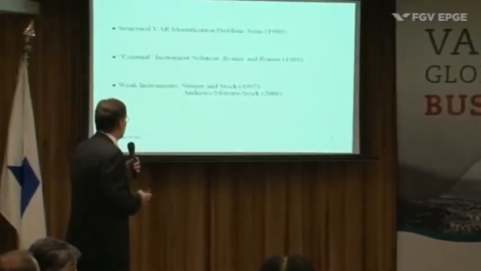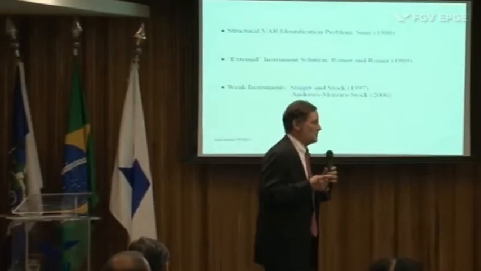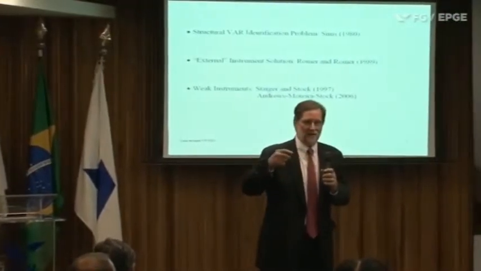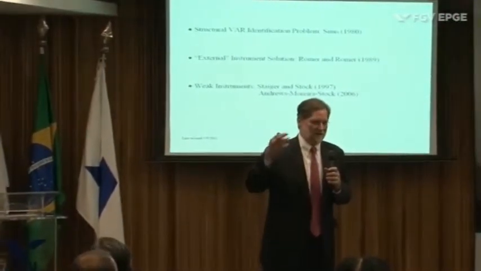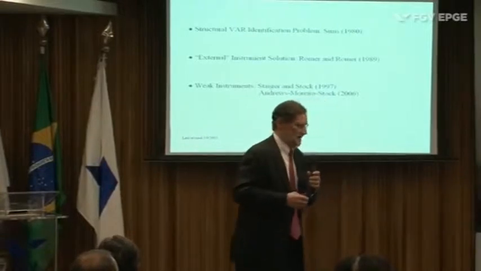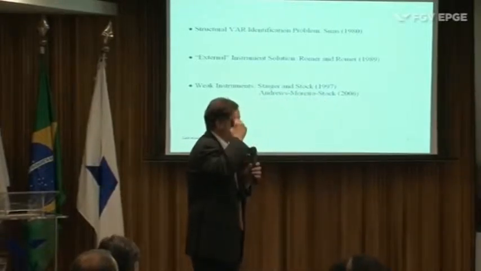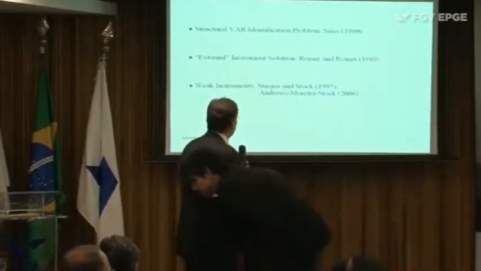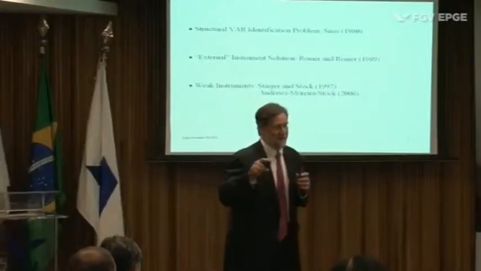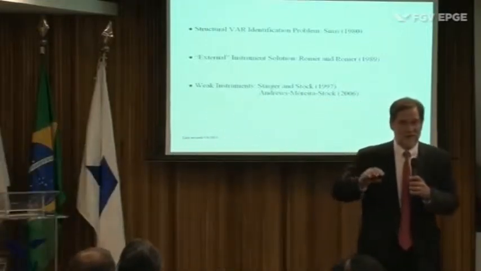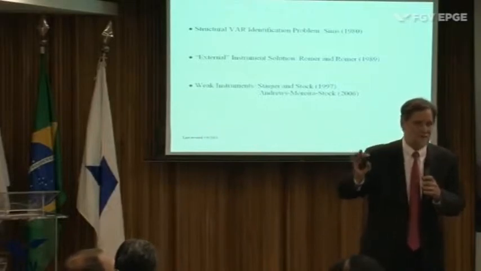First, let me tell you what this is. We know, Chris talked about this this morning, and people have been talking about it for 30-some years, which is the identification problem in structural vector autoregressions. Okay, so there's that problem, right?